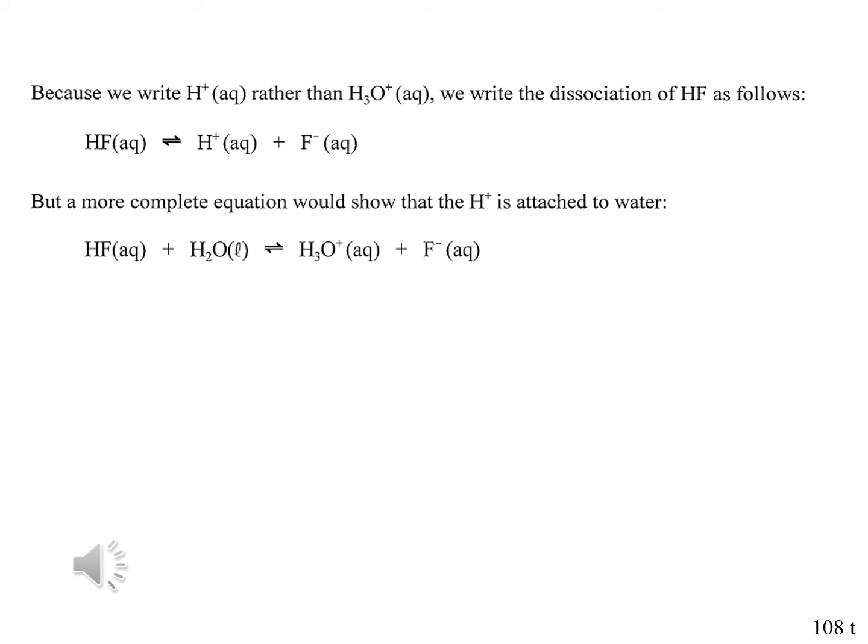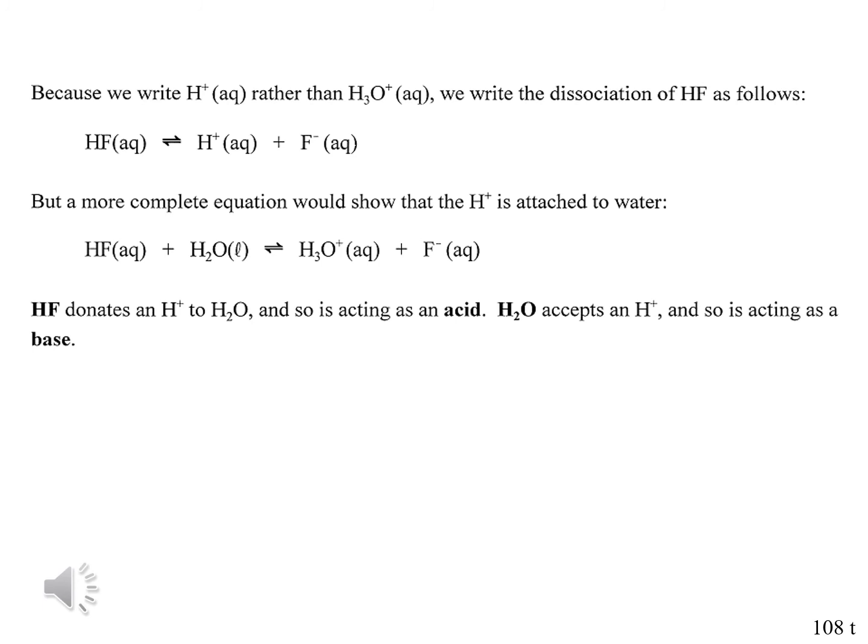There's always an acid and a base on each side of the reaction. In the forward direction, it's the HF that's donating the H+, so HF is the acid. Water is accepting the H+, and so it's a base. You could never call water a base in the Arrhenius theory because a base is OH-, but water can be a base if it accepts an H+.